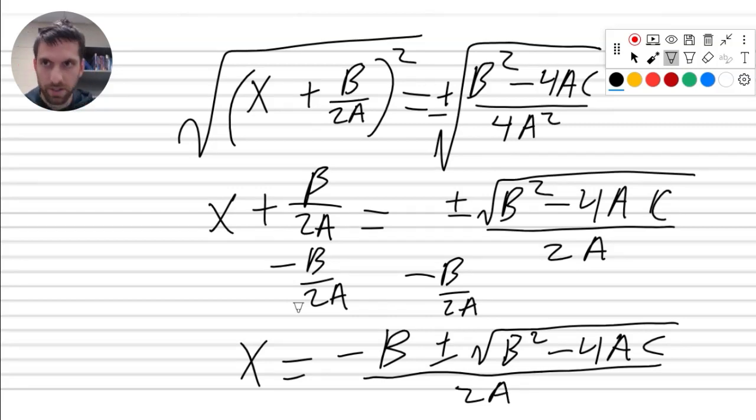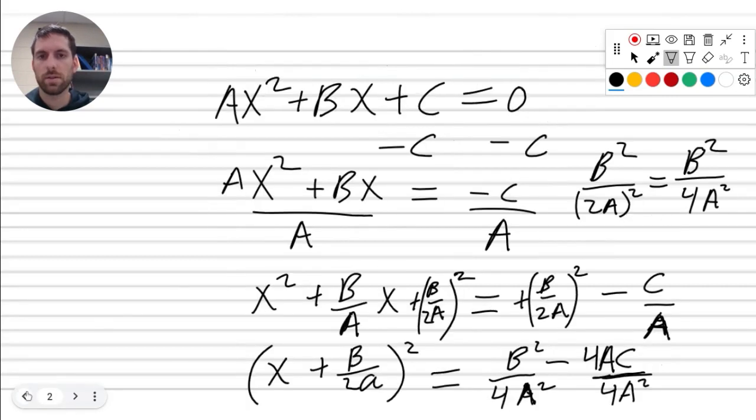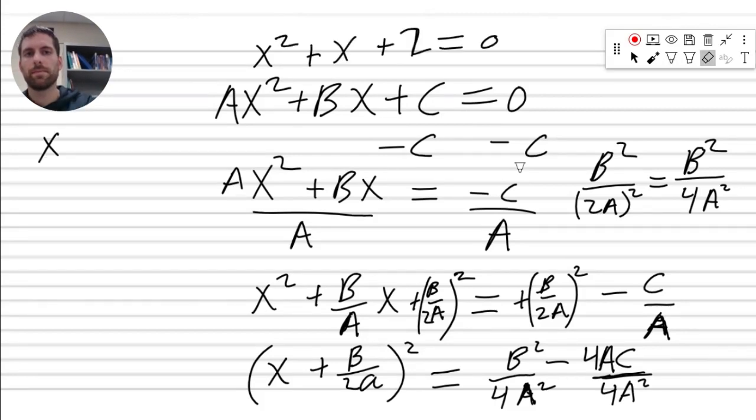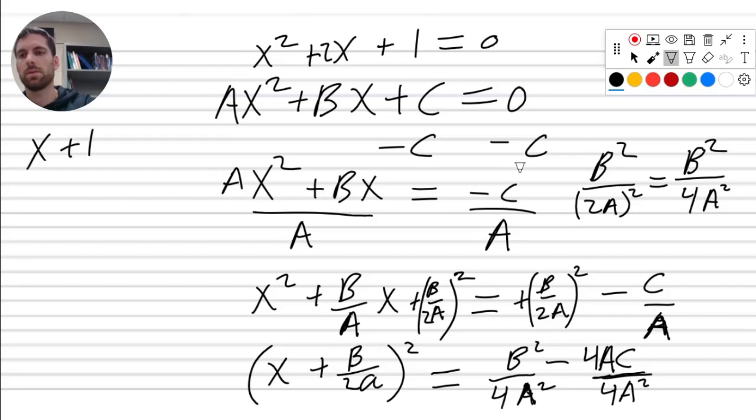And we can test whether this is true or not in a separate situation, but all it is going back to this one. If we have some numbers for a, b, and c, say a is 1, b is 2, c is 1, then we'll just be able to do something. It's been a while since I factored. We'll get x plus 1 squared equals 0, and then x will be negative 1.